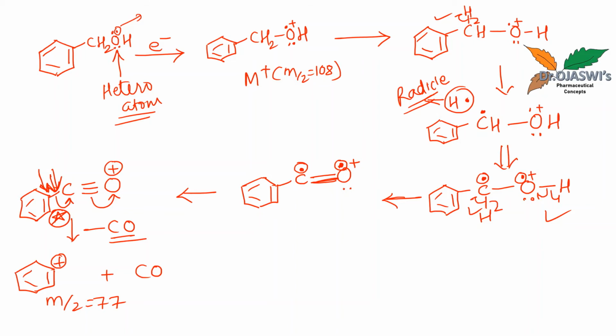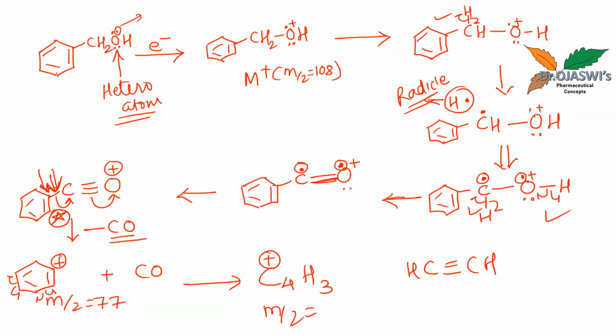Now further fragmentation you can definitely show. You can show further fragmentation by homolytic cleavage here also, and in that way you can keep on doing the homolytic cleavage. So now this ion and this type of neutral molecule will be formed after this fragmentation, and this ion which I have got has an m/z value of 51.